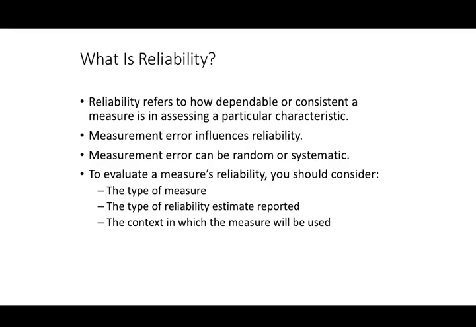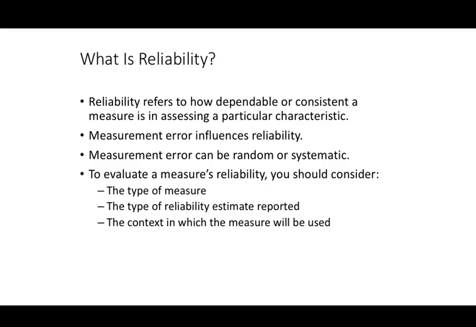So measurement reliability requires us to know and to be clear about what kind of measure we're going after. We want to make sure that we are reporting the proper reliability for the measure, whether it's test-retest reliability, internal consistency reliability, or parallel forms reliability. We need to know that.